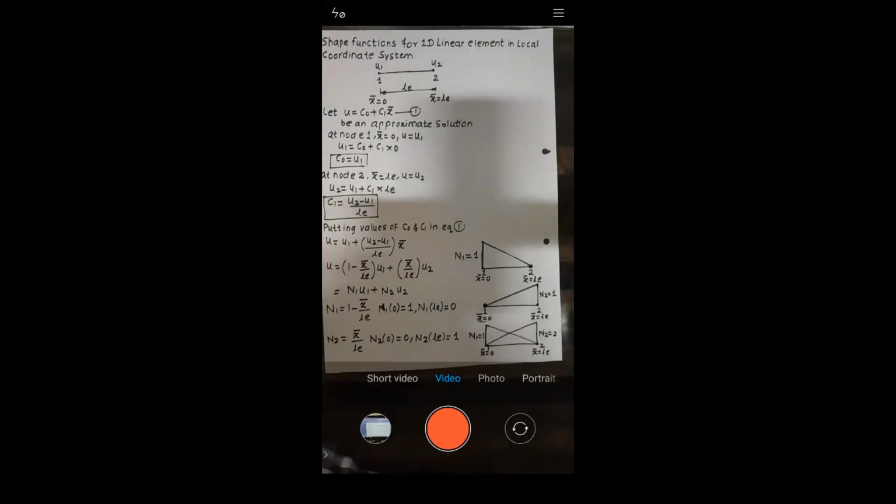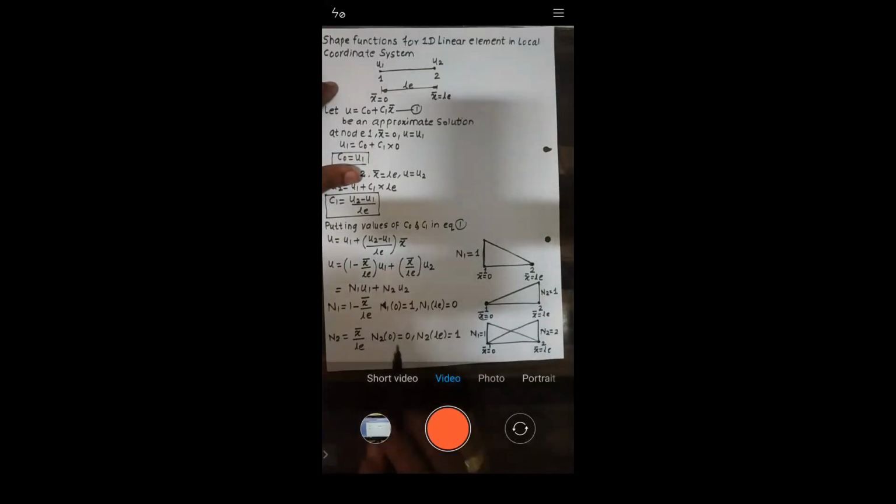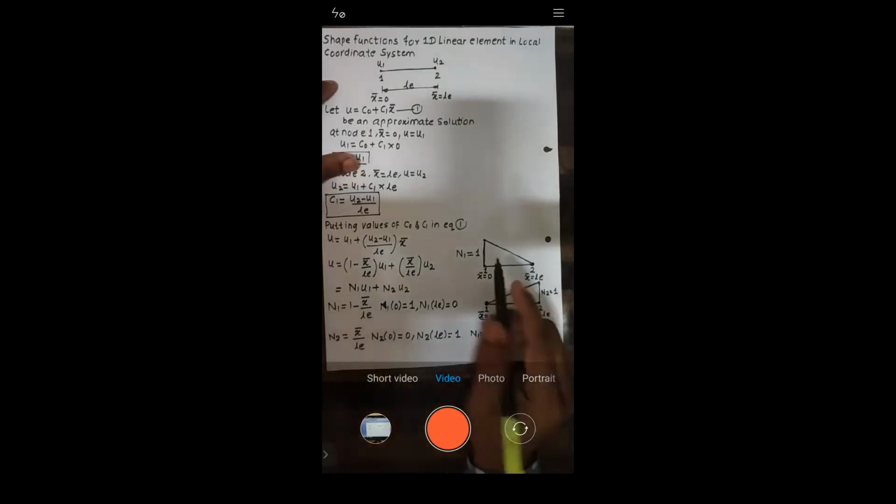Okay. What do you understand from this? The value of the shape function is equal to 1 for the node for which it is defined. Here, the value of N1 is equal to 1 at what node? Node number 1. At node number 1, the value of N1 is equal to 1, and for all other nodes, it is 0.